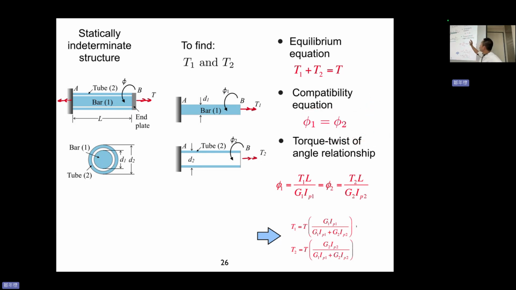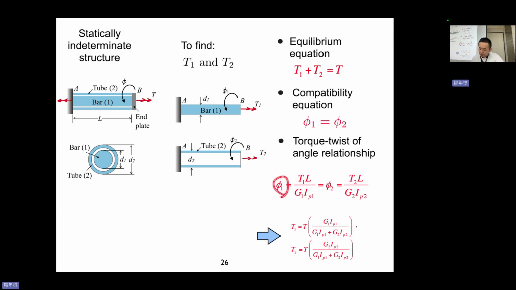These compatibility and equilibrium equations are all based on the setup of the problem. You shouldn't memorize all this. You need to see the problem and come up with it by your imagination, by thinking it through. And then the torque-twist angle relationship, just like what we did with the stress-strain relationship.